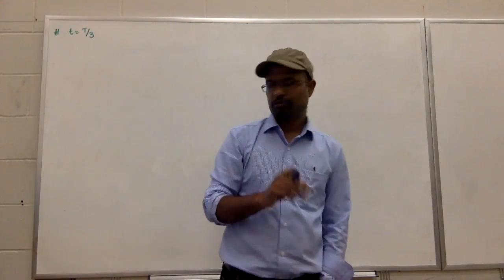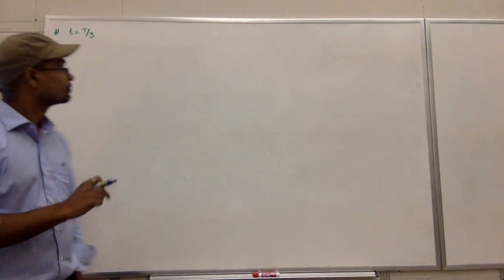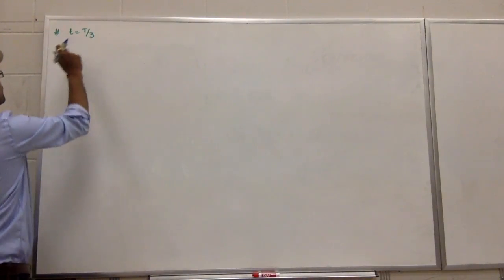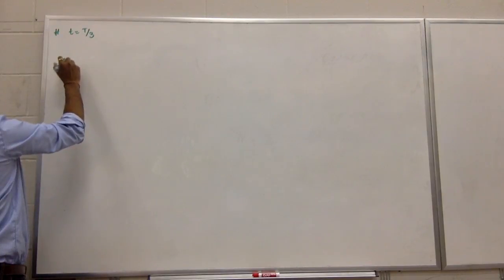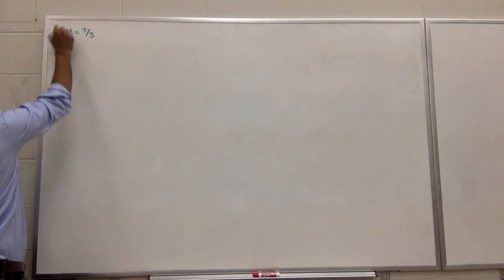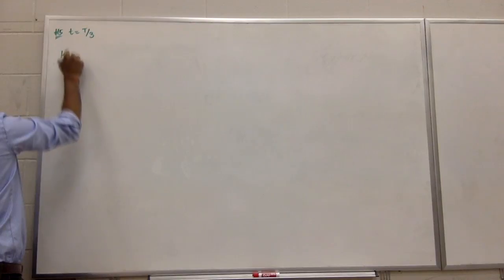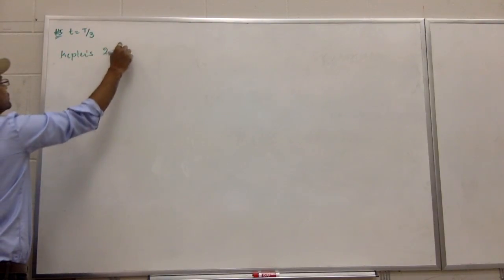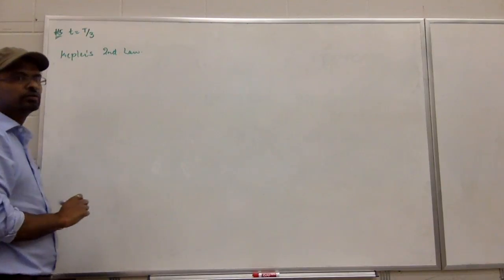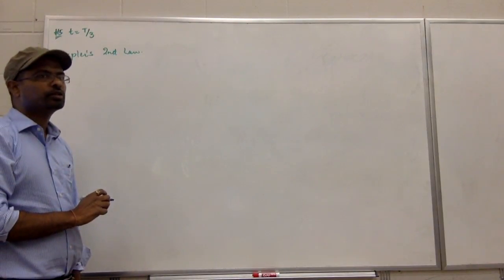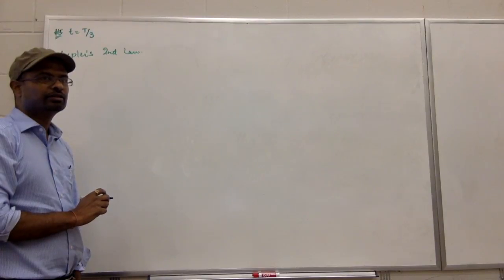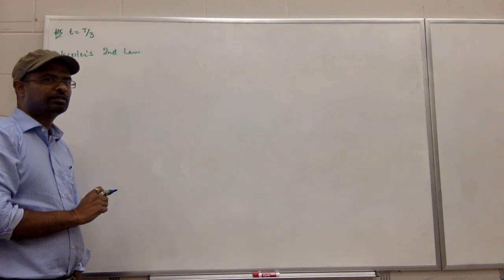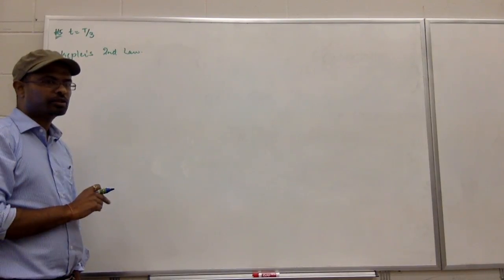Right. So here, what do you know from Kepler's second law? This is number 5, okay. What did we learn from it? What does it say? The time required to cover certain distance. No, go back and review.